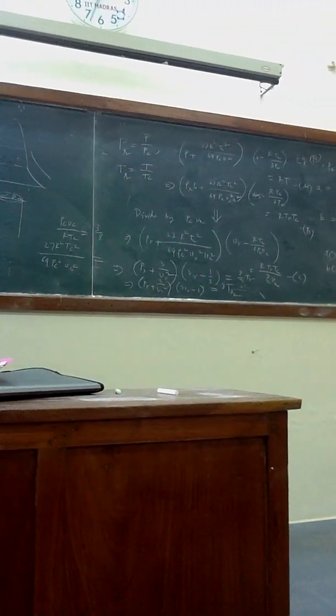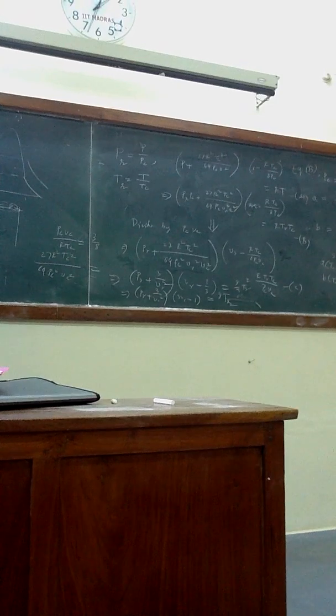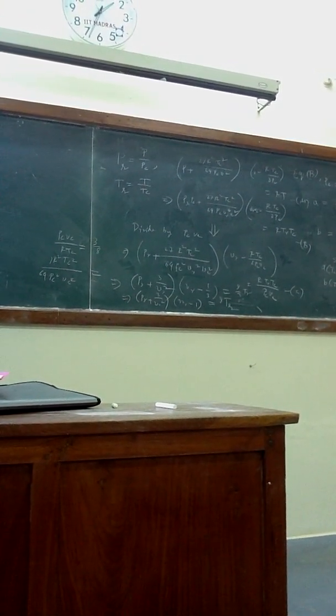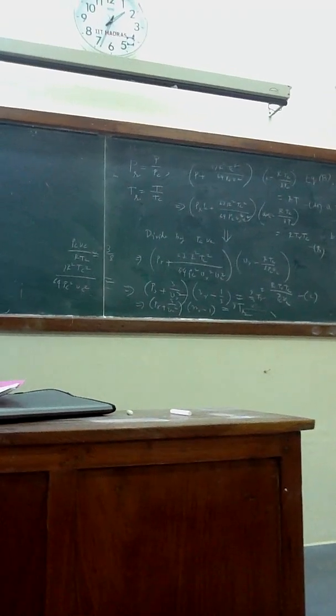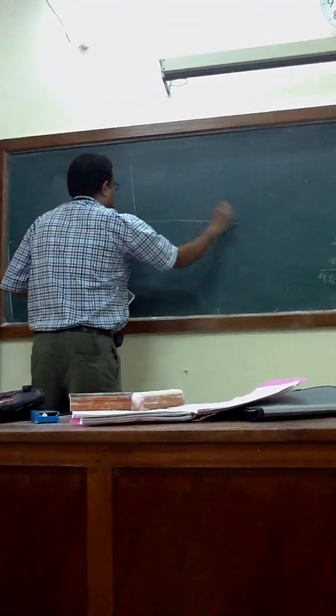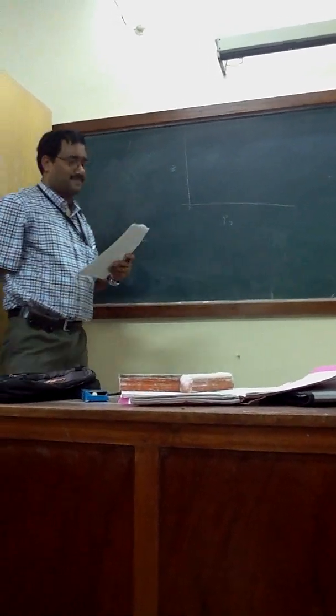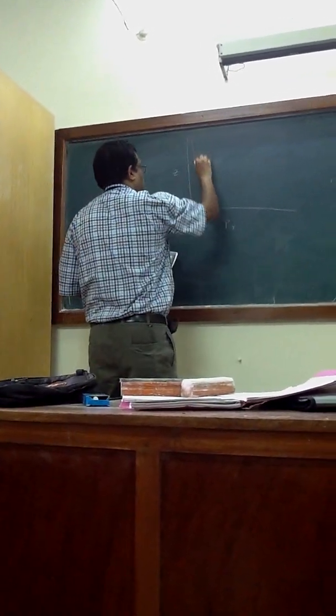That's a very interesting part. Why? Now you can go to the compressibility factor chart. Any book you take, we have the compressibility factor chart, Z versus PR. You might have seen this kind of chart.